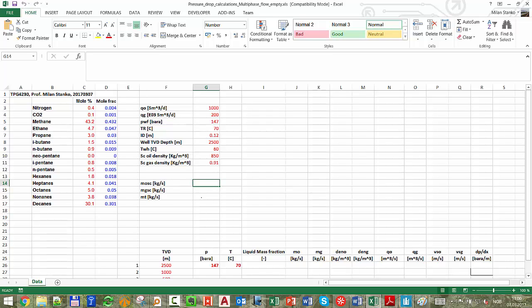So I calculate the total mass rate of oil at surface conditions. For that I take the density at surface conditions times the rate, and here I have to make a transformation from kilograms per day to kilograms per second. So I have to divide by one day, which is 86,400 seconds.